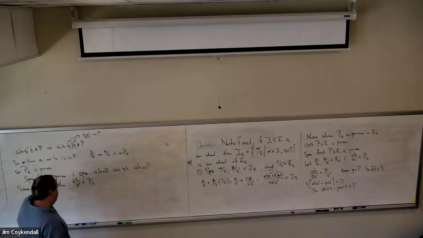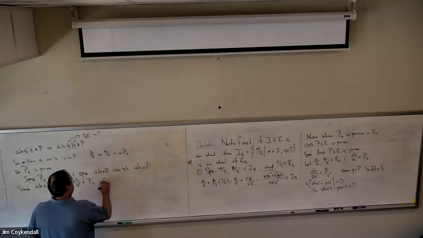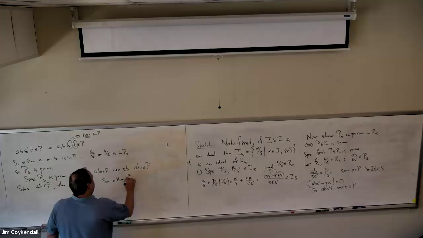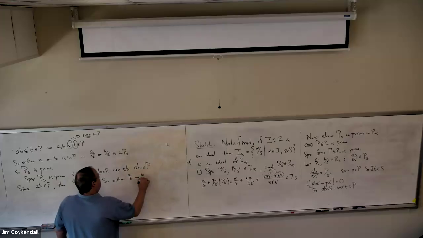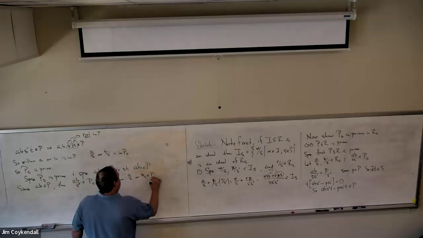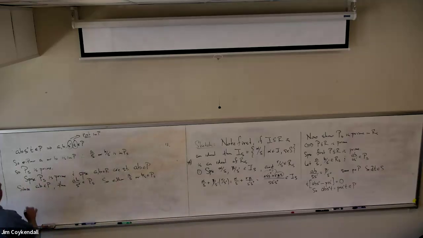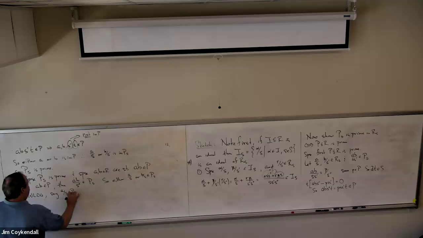Now, P_S is prime, and so a over s or b over s is in P_S, right? So without loss of generality, let's say that a over s is in P_S.